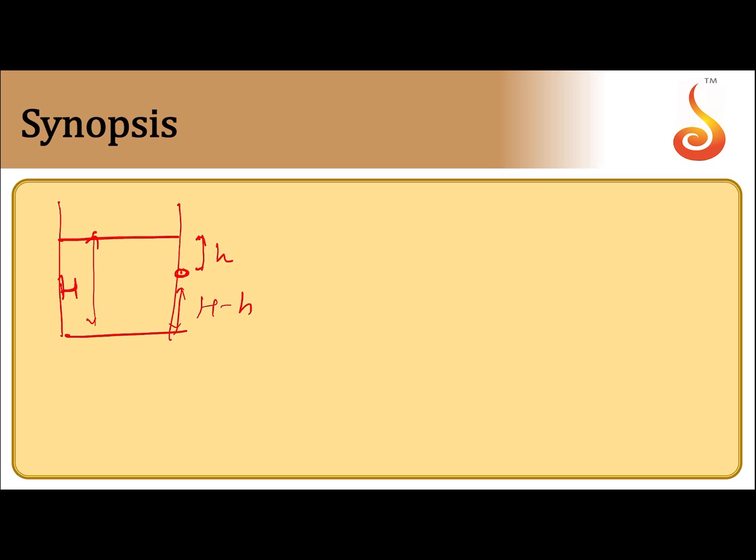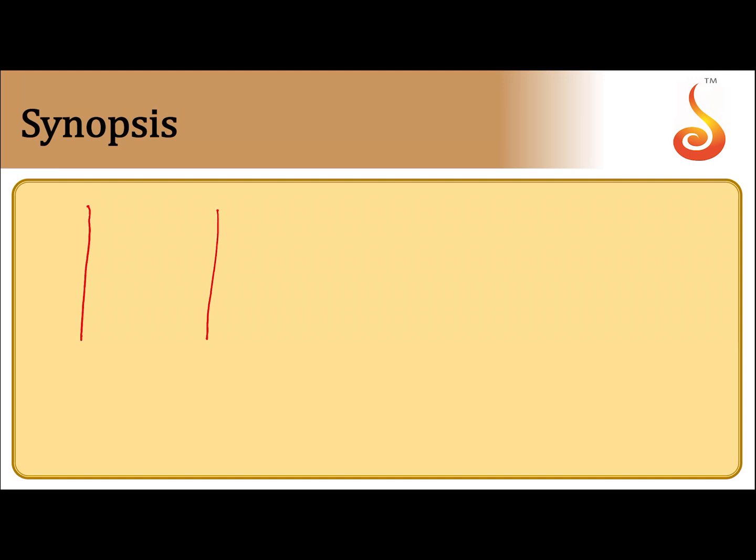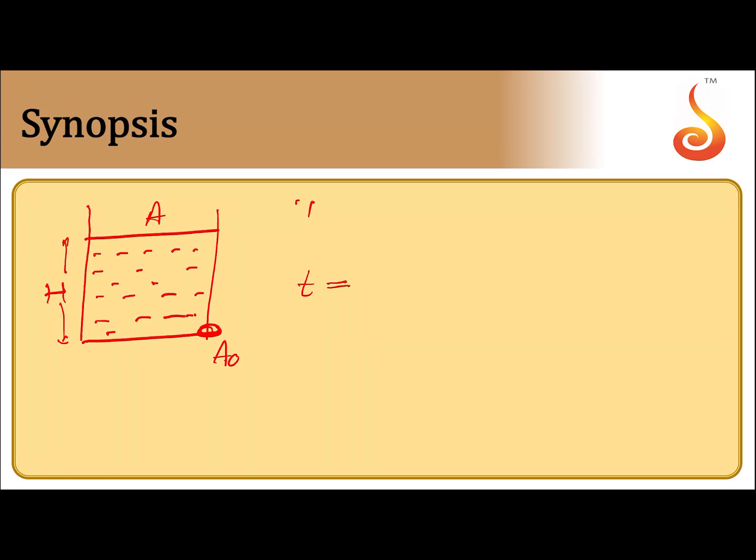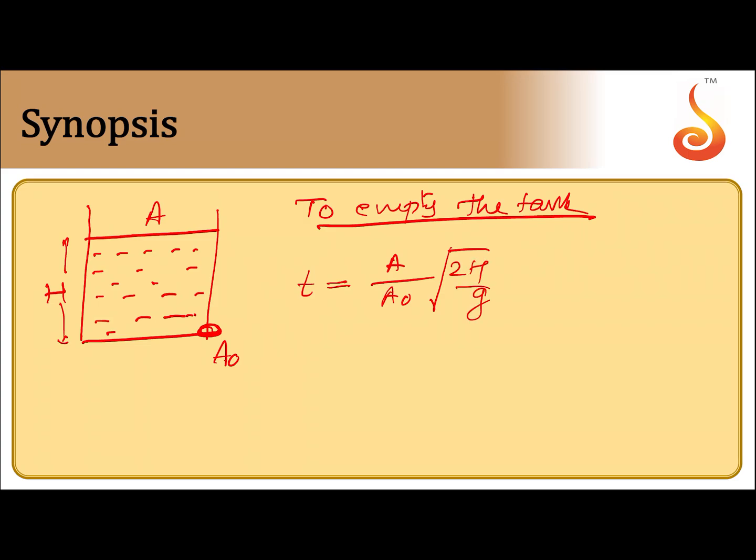Suppose I consider the hole is at the bottom of the tank. Let us assume that in one more case, the hole is at the bottom of the tank and the tank is of depth H. Suppose this is of area A naught, the free surface is of area A. Then the time required for the liquid to come to the bottom of the tank, that means the time required to empty the tank, is given by A divided by A naught square root of 2H divided by g.